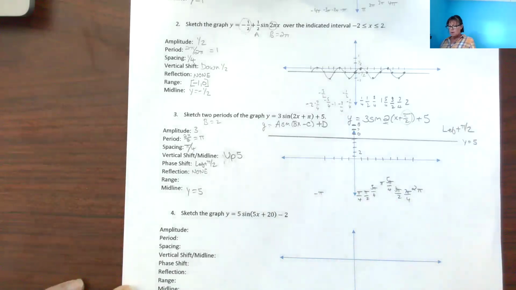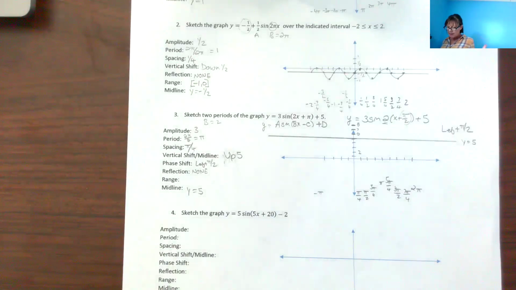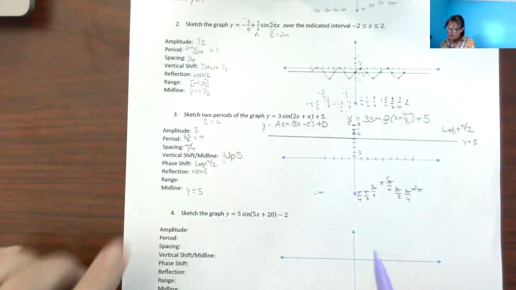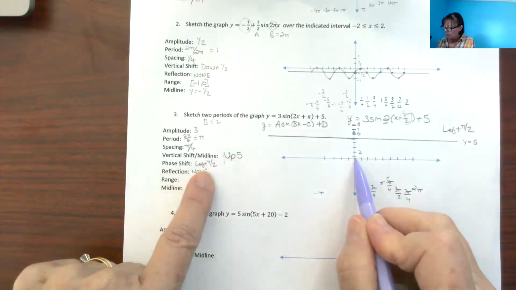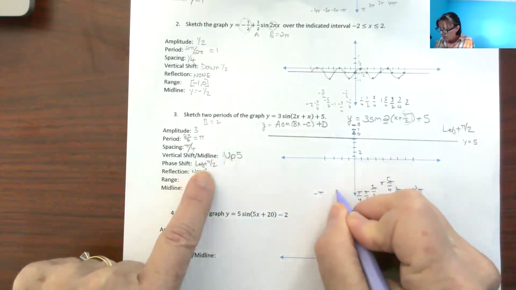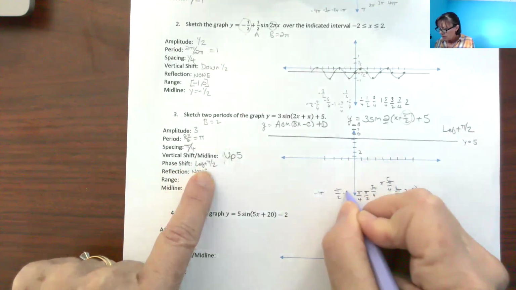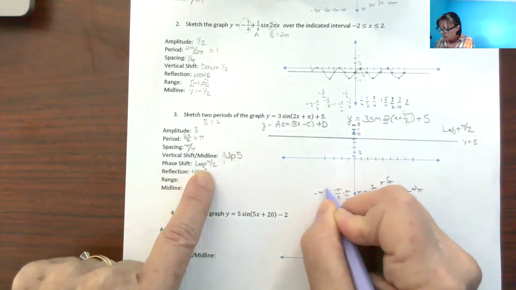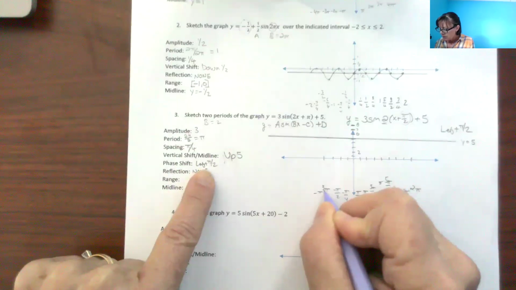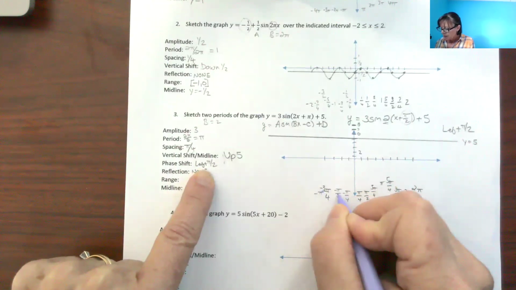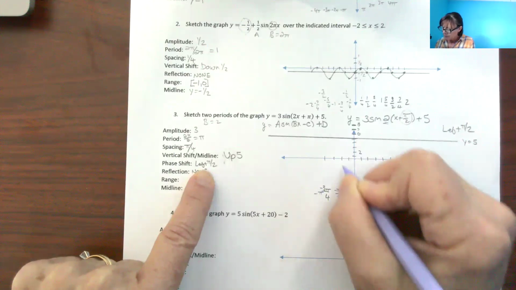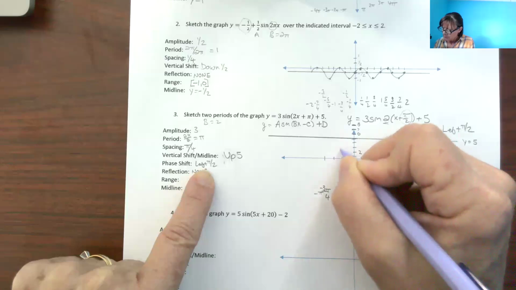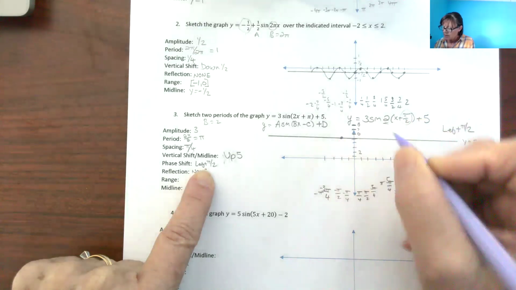All right. So we got everything labeled, but instead of starting at 0, we're supposed to start left pi over 2. So I'm going to go to left pi over 2. And so this is where I start instead of at 0.